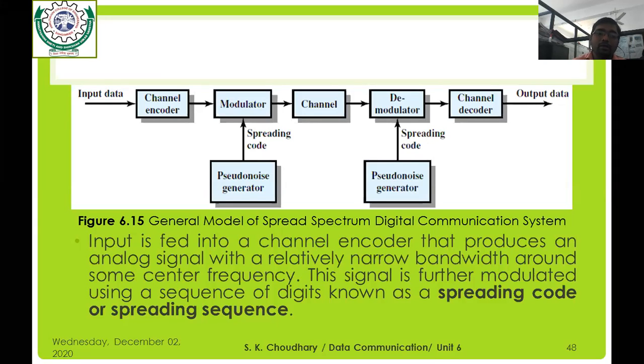At the receiving end, first of all we have to do the demodulation, and again we require the same spreading code for the demodulation, which is again generated with the help of the PN sequence generator, and the demodulated signal is further decoded with the help of the channel decoder, and we obtain the output data that is the same as the input data. So this is a very simple description of this particular model of spread spectrum that you can describe with the help of this block diagram.